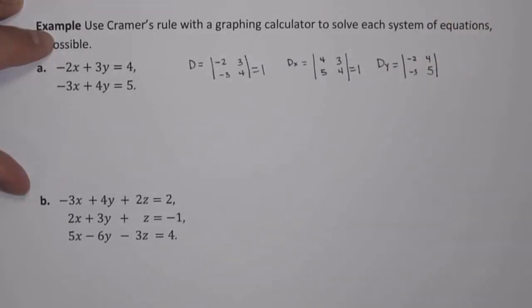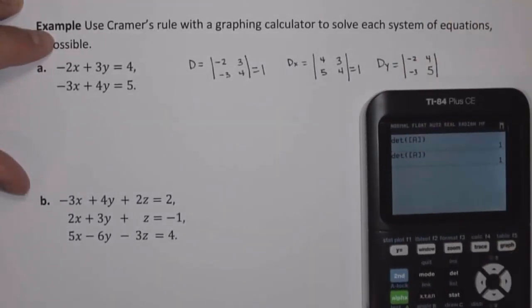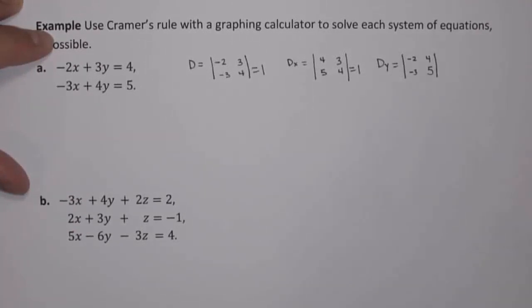So this also has a result of 1. Now dy, I'm going to enter that into matrix A. So I'm going to go to Matrix, Edit, Matrix A, and this time we have -2, 4, -3, 5. So I've entered that in. Second quit. I'm going to go to Matrix, Math, Determinant for Matrix A, and I get 2.